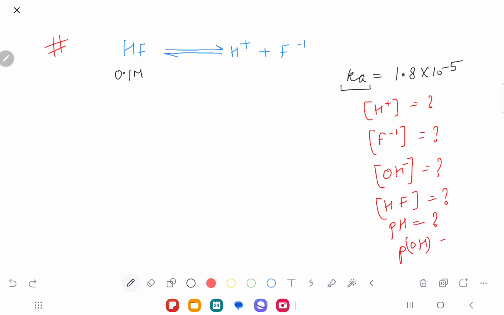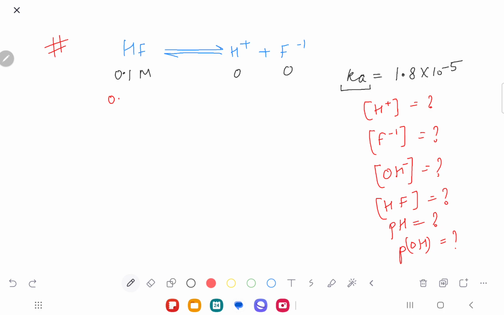Anything out of these they could ask you, and they're all related. There is only one method to solve these kinds of questions, so you have to proceed in such a manner. What would you do? You will have 0.1 molar HF, so H would be 0 and F would be 0.